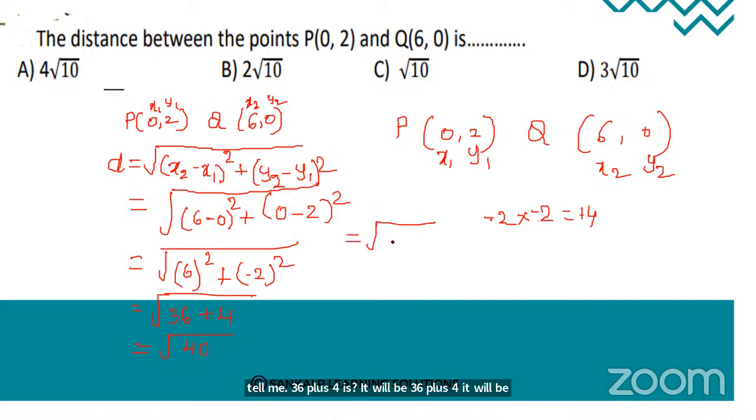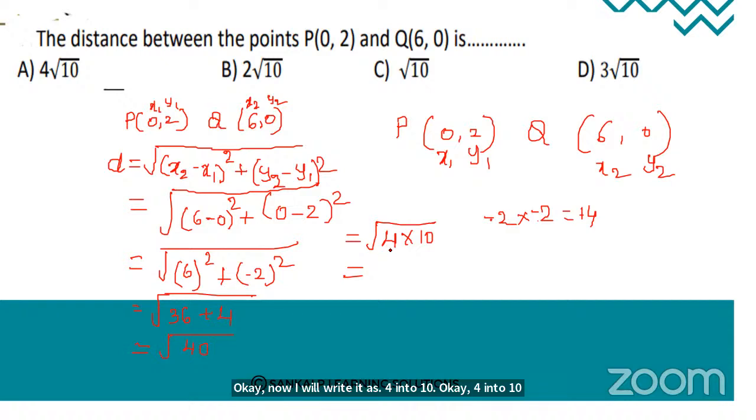ಈಗ 40 ಅನ್ನ ಯಾವ ರೀತಿ ಬರಿಬಹುದು? Okay, now I will write it as 4 into 10. Okay. 4 into 10 is 40. Okay.